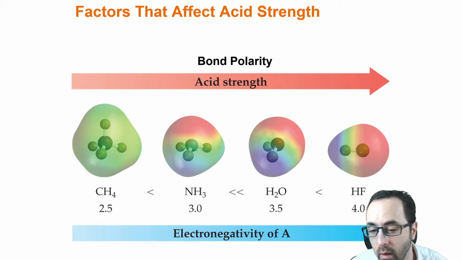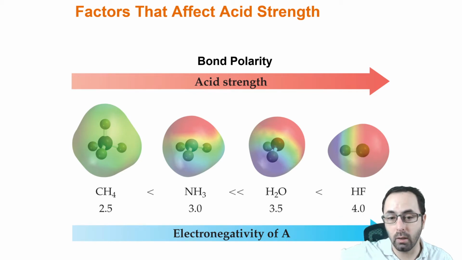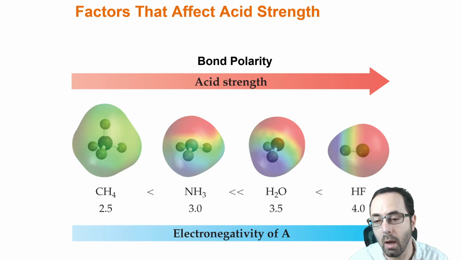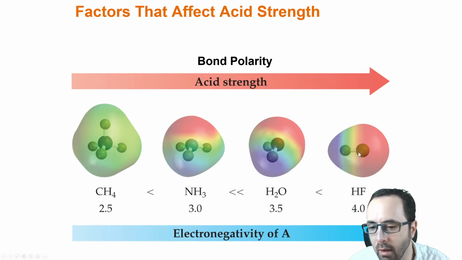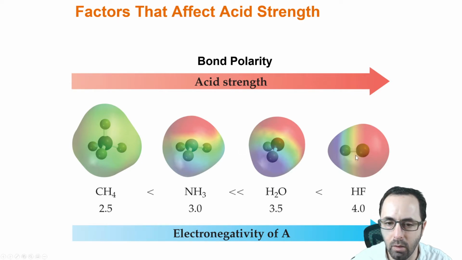Now, that was going vertically on the periodic table. What about horizontally? So horizontally, the strength of the acid depends on the electronegativity of the other atom. The more electronegative the atom is, the more acidic the bond will be.